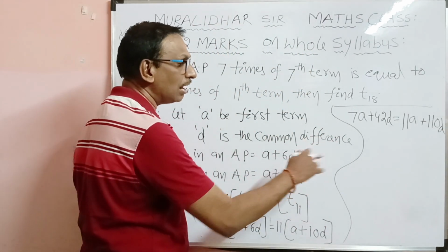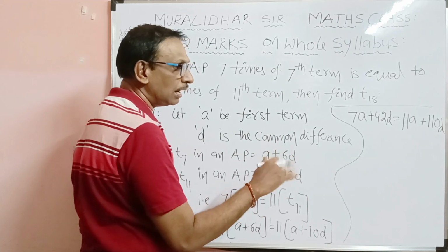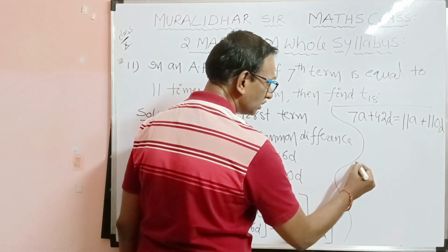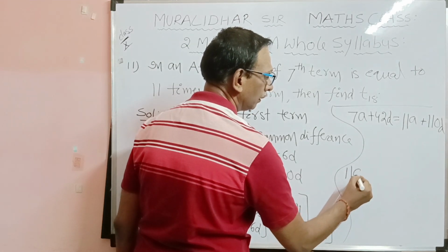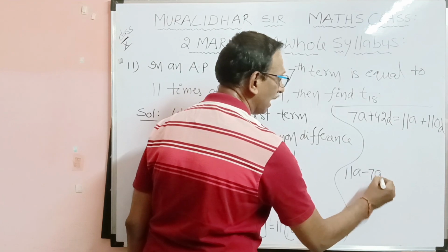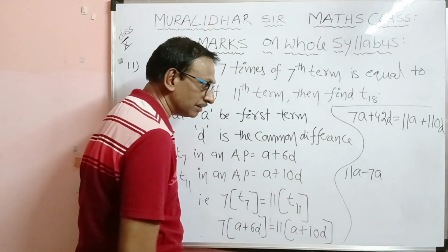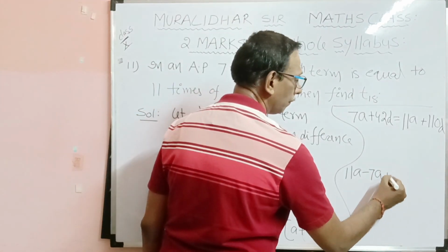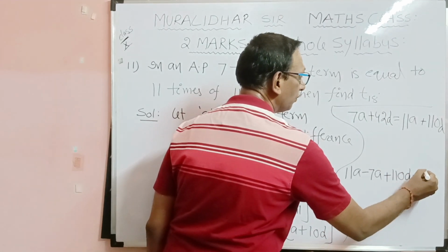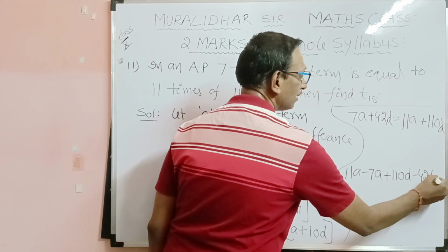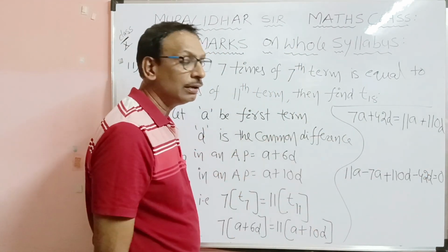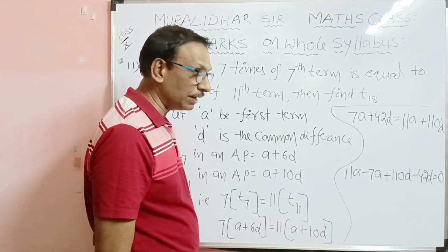Now bring all a terms and d terms to the other side. You get 11a minus 7a, plus 110d minus 42d is equal to 0, because these terms are sent to the other side of equality.